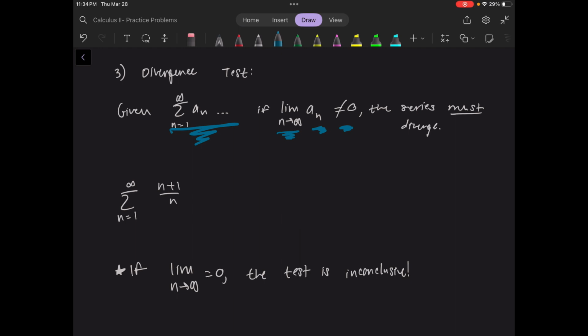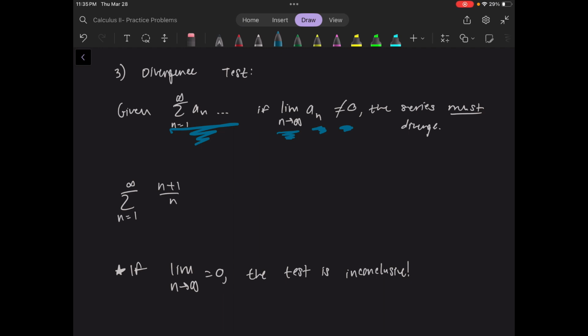That means if the nth term of a sequence, or like the infinitieth term of a sequence, does not equal 0, the series must diverge. So this is why most series diverge, because surely most sequences do not approach 0.